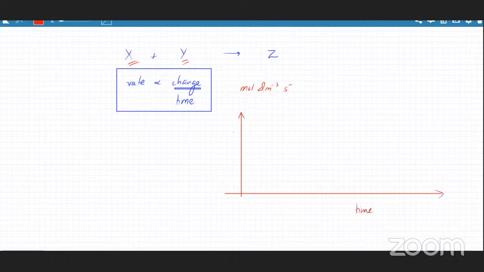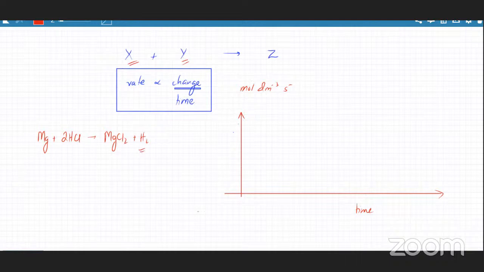So let's say I have this reaction. I have Mg plus HCl turning into MgCl2 plus H2 gas. Now many changes can happen here. It could be the mass decreasing because H2 gas is being released.